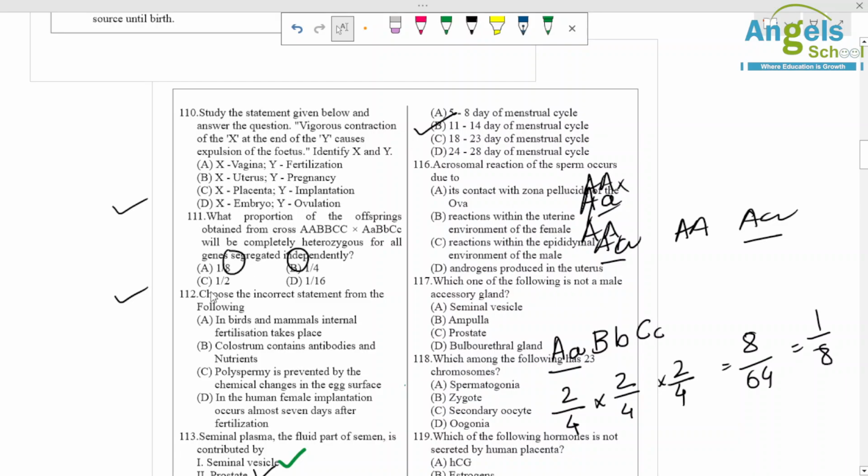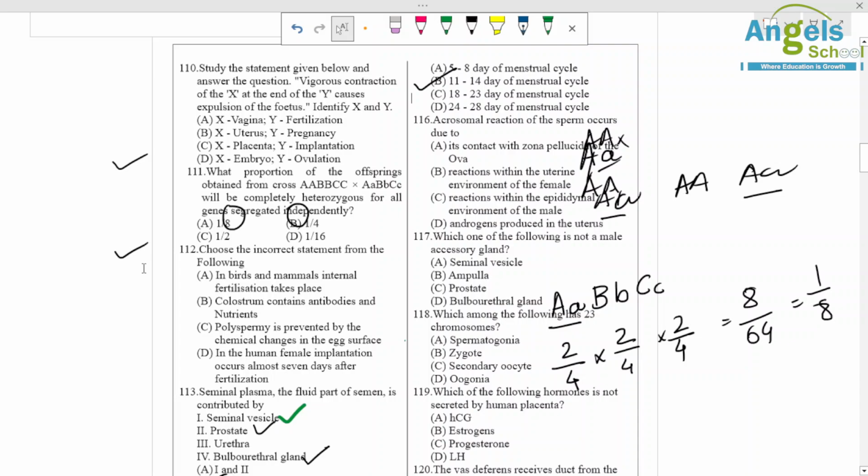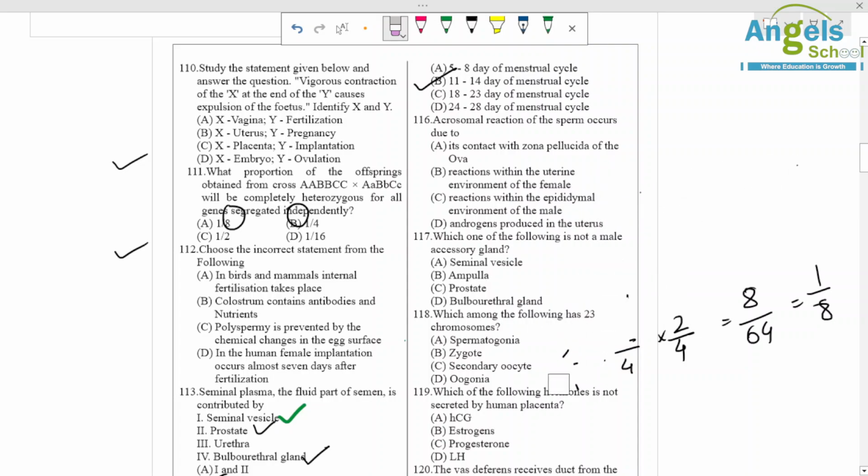Okay, acrosomal reactions. Acrosomal reaction of sperms occurs due to its contact with zona pellucida of ova, reaction within a uterine environment of female, reaction within an epididymal environment of male, androgen produced in a uterus.